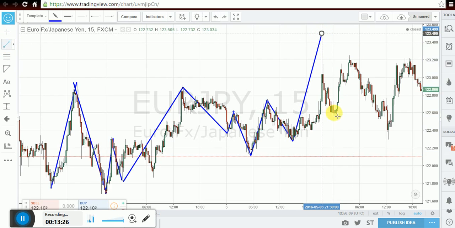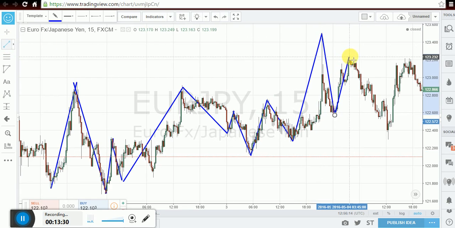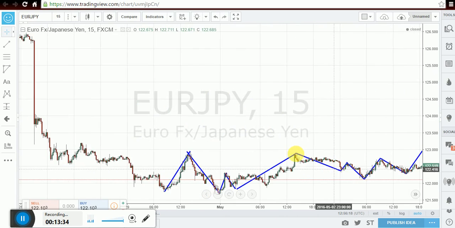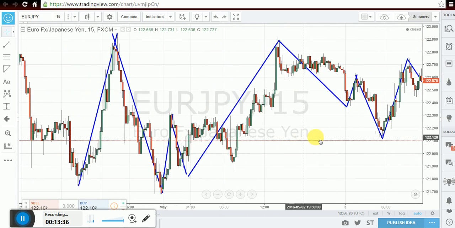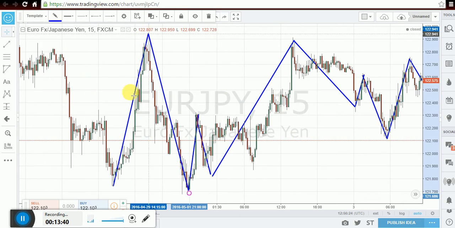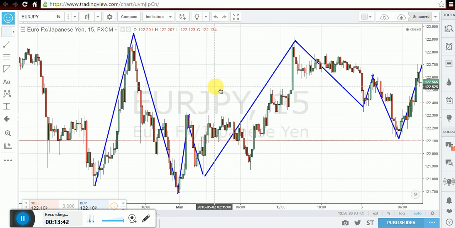Oops, we had a long spike right here. Anyway, I'm not going to go too far ahead. So I'm just going to concentrate on this area. And like I said, the next step is to try and connect these highs and lows.